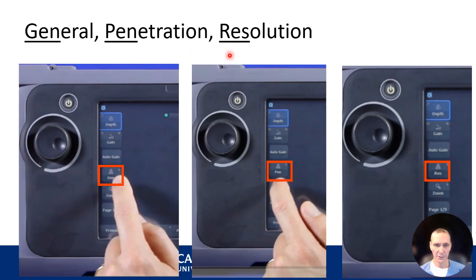Conversely, if you put the machine on resolution, it'll go to a higher frequency of its range, and you'll have better resolution. I would say most practitioners use the general mode, but now you will have an idea of what that setting does.